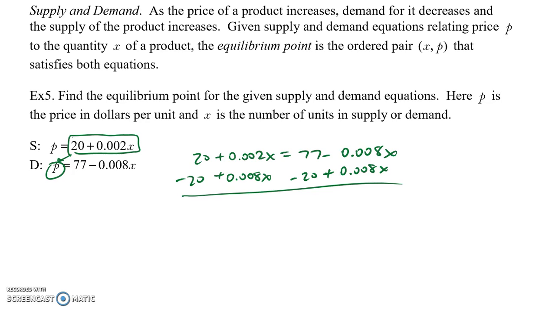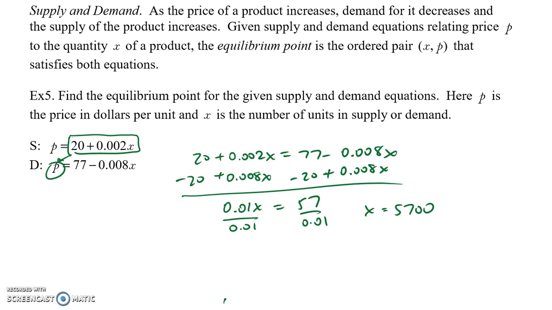And what that's going to give us on the left-hand side is 0.01x, and on the right-hand side we're going to obtain 57. And if we divide both sides by 0.01, 57 divided by 0.01 is going to give us 5,700.